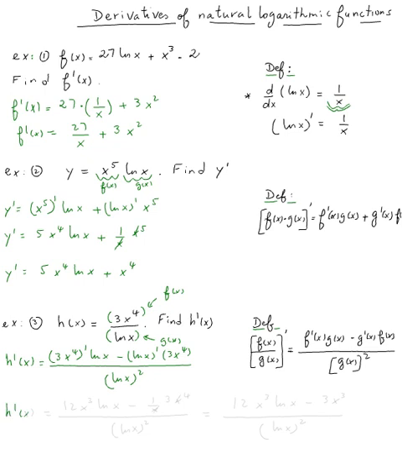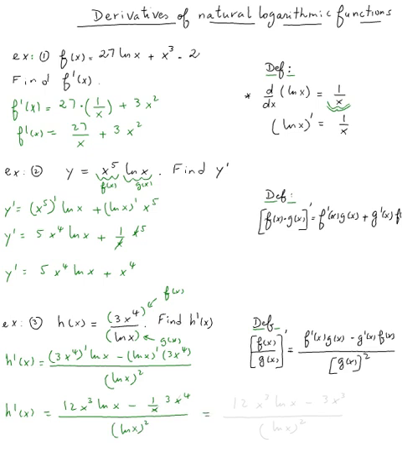Now h prime of x is equal to the derivative of 3x^4, which is 3 times 4 is 12x cubed, using the power rule, times ln x, minus the derivative of ln x, which is 1 over x, times 3x to the 4th, divided by ln x squared.